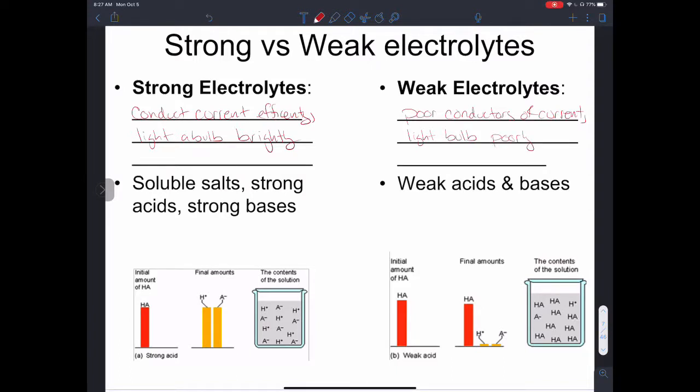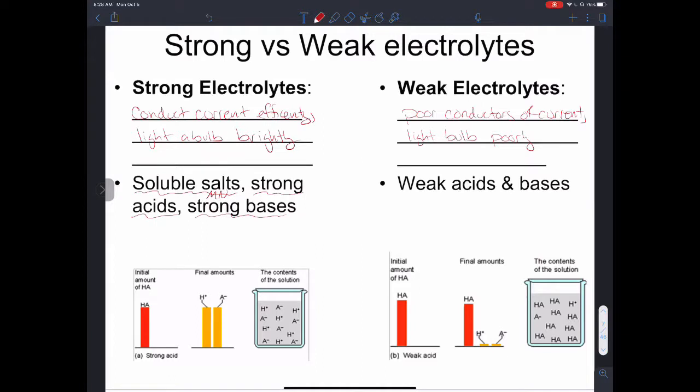All right, and here are some examples of strong electrolytes, and we'll have to memorize these. Strong electrolytes are any soluble salt, so that's a metal and nonmetal that can dissolve in water. A salt is an ionic compound. Strong acids, which we will need to memorize, and strong bases.